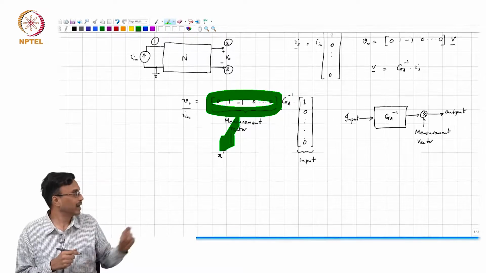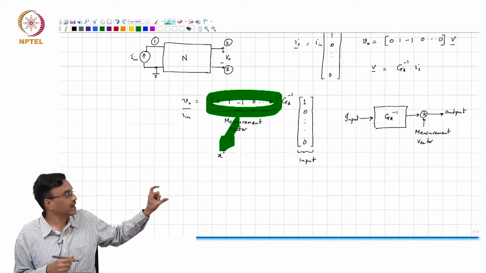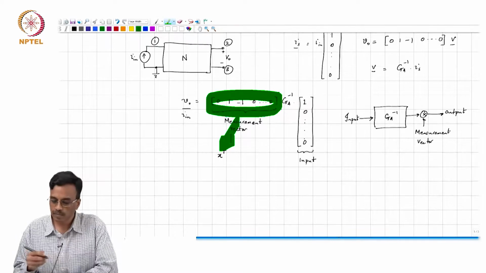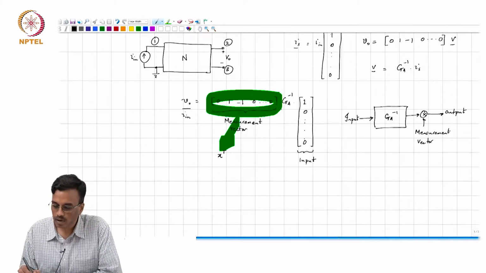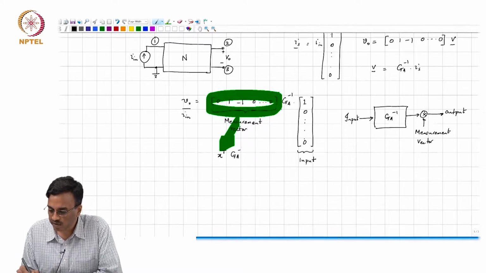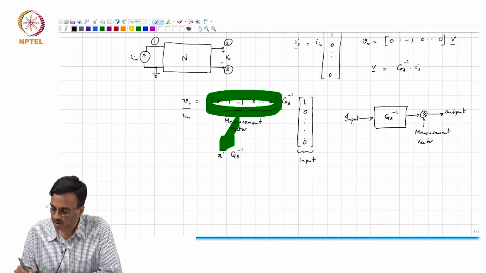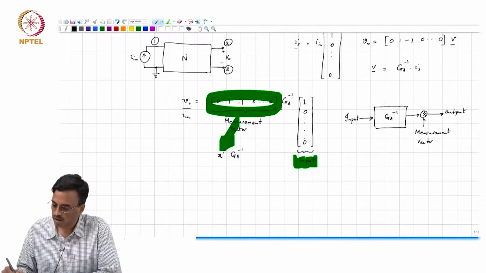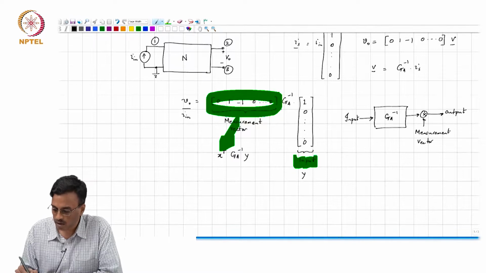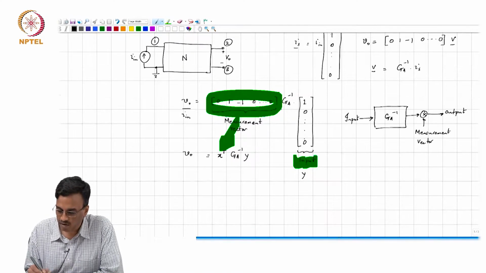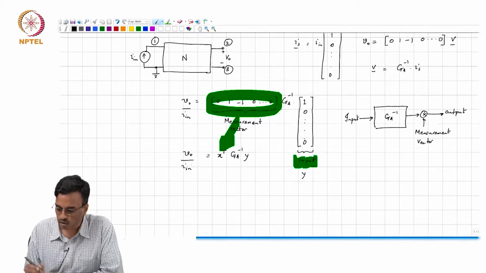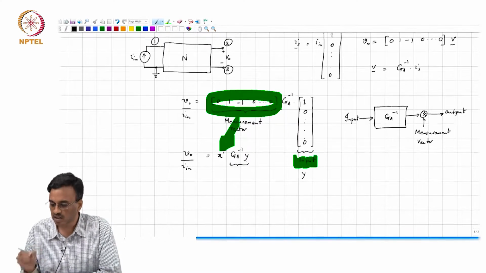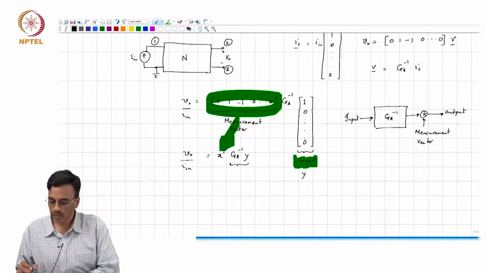So, X is a column vector and X transpose is the measurement matrix. This times G_A inverse times the input, which I am going to call the Y vector. So, the scalar V_o by I_in is of the form X transpose times G_A inverse times Y.